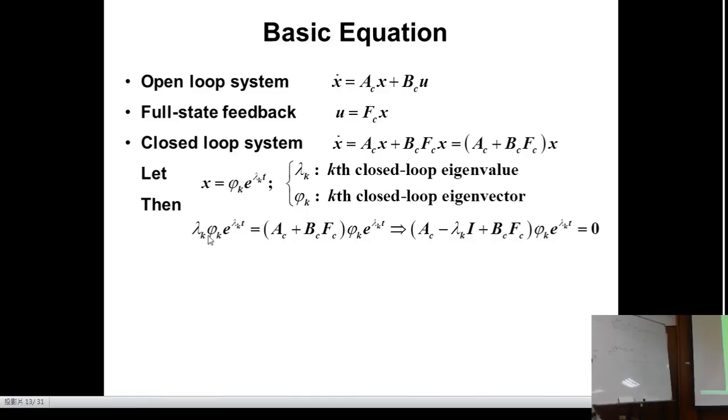Now, if I substitute all my solution into here, then I will get these equations. Now I move the left-hand side to the right-hand side, then this becomes (A_C minus lambda k I plus B_C F_C) psi k e^(lambda k t) equals the 0 vector. This 0 is not a scalar, this is a 0 vector.